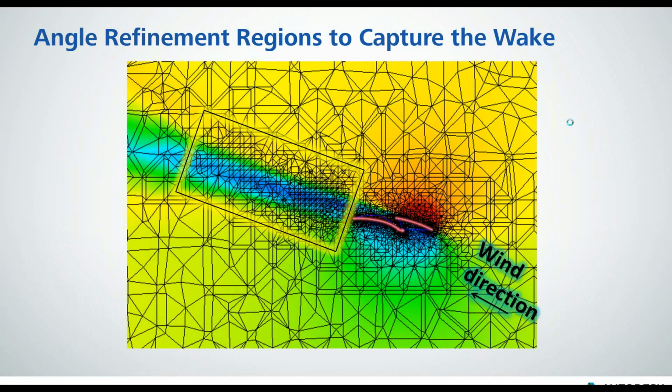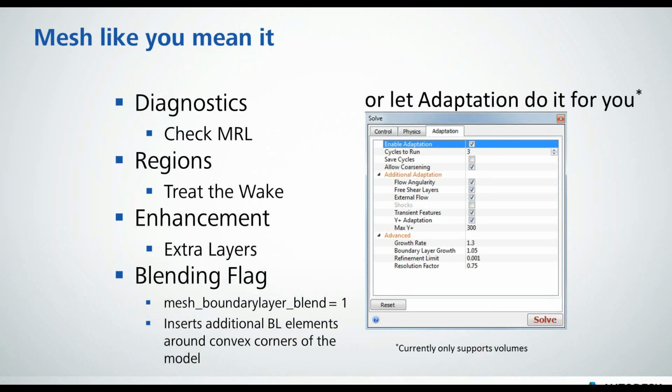All right, so the bottom line is you need to mesh like you mean it if you want very accurate results. One aspect is that you can use diagnostics to check your model. You will check this MRL. This is the minimum refinement length. The idea is if when you go to check your MRL, your model lights up with red arrows, you probably need to scale that down a little bit.